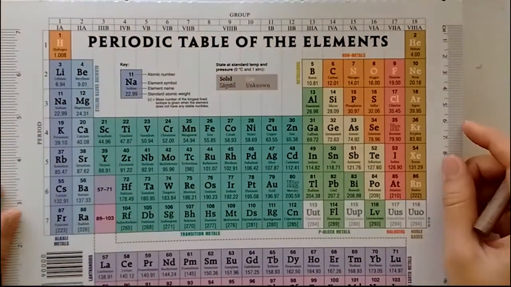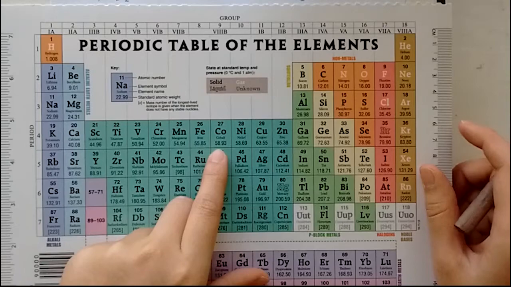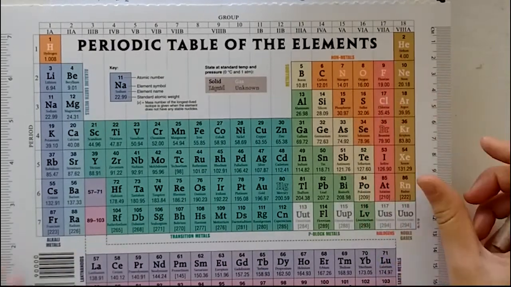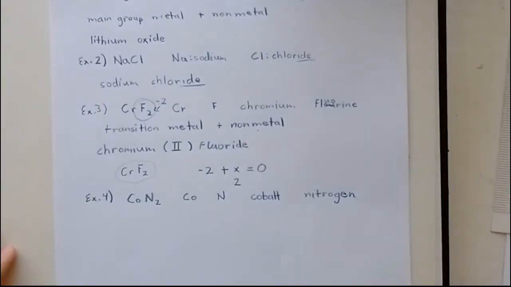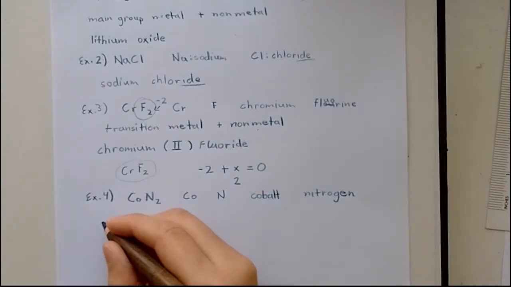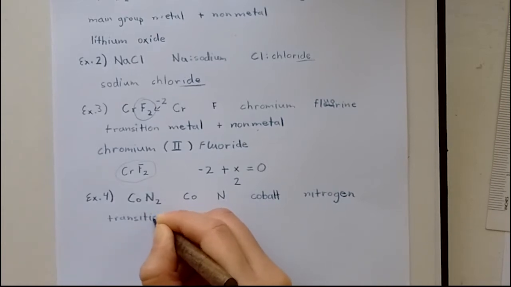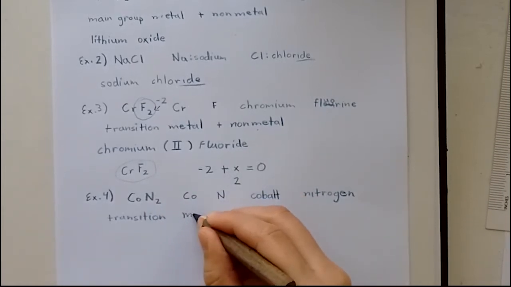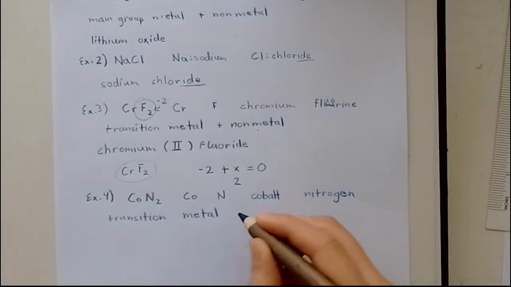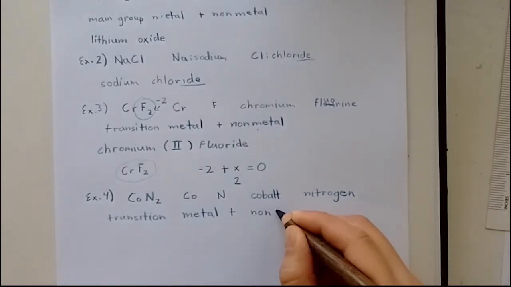Now, if we look at the periodic table, we can see that CO, cobalt, is a transition metal, and that nitrogen is a nonmetal. So we know that we have an ionic compound, a transition metal plus a nonmetal.